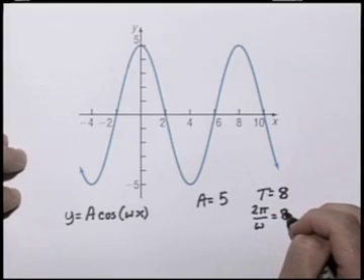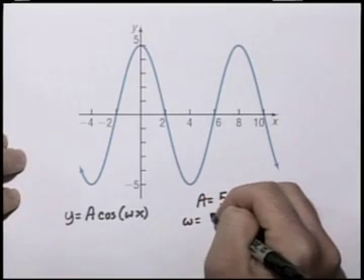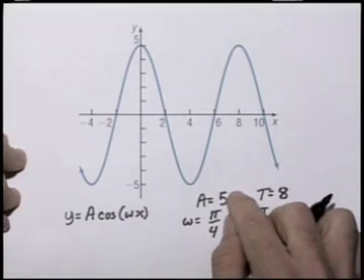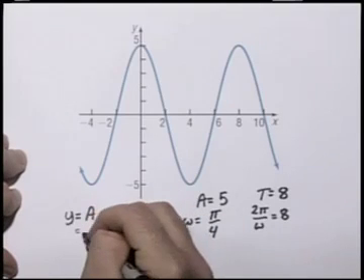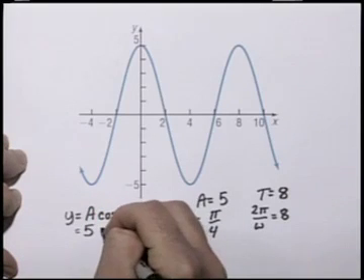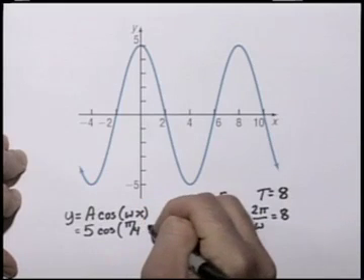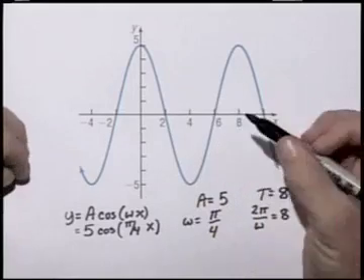If we solve this expression for omega, we get that omega is pi over 4. So we substitute a is 5 and omega is pi over 4 into this expression, and we get that y equals 5 cosine pi over 4 x as the function that would generate this as its graph.